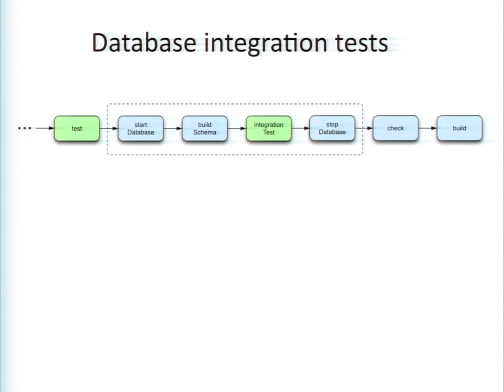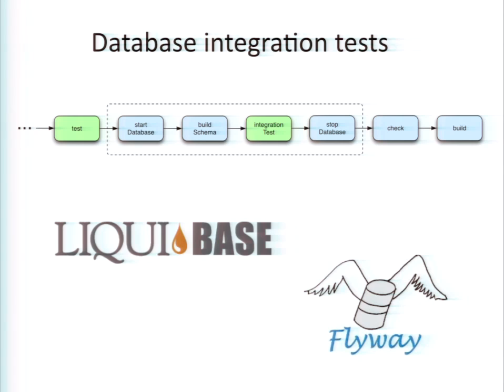Now, there are various ways to do that. If you're starting fresh, or if you are eager to change, there are two quite handy open source tools in the Java world, which are Liquibase and Flyway. And these tools give you a way to write incremental scripts that, every time you make a schema change, you write a little script that just performs that change.